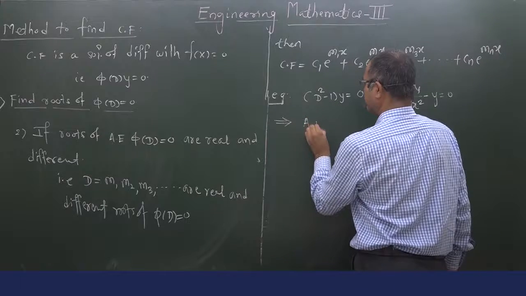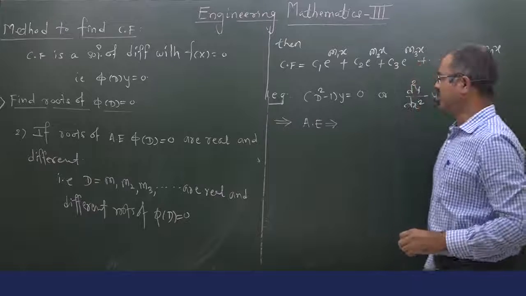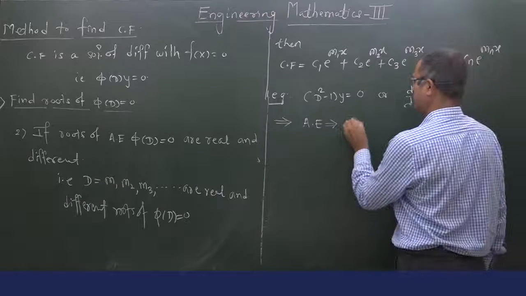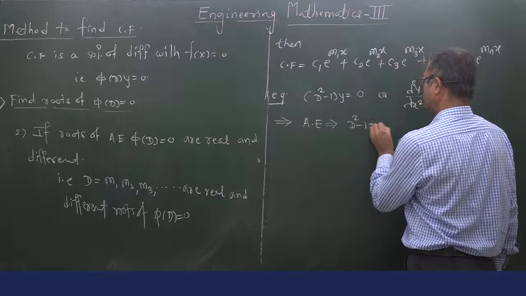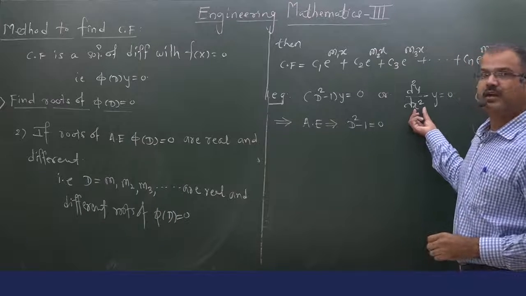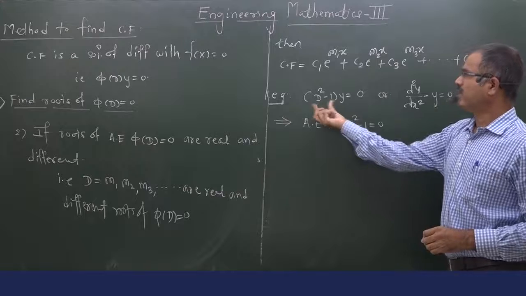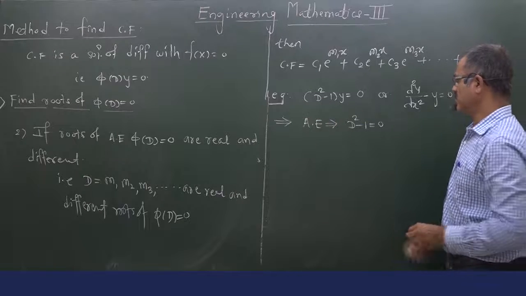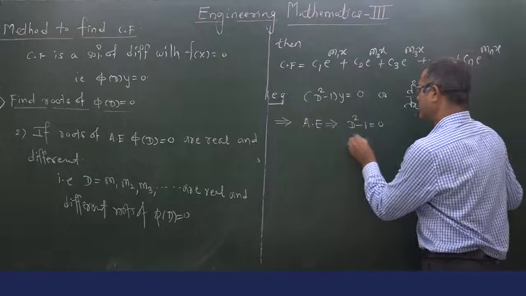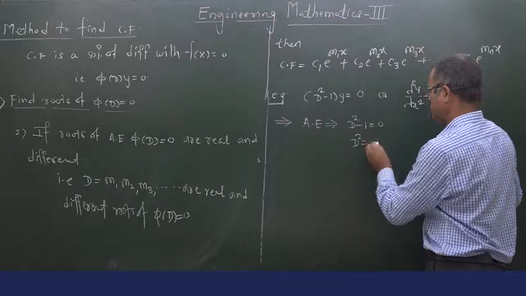In the first step, write the auxiliary equation, which is D square minus 1 equal to 0. Here put d by dx equal to capital D, and then the equation reduces to this form phi of D y is equal to 0. You can also directly find the roots, no need to write this step.